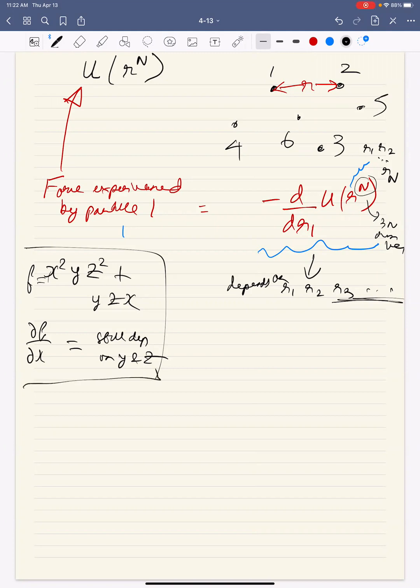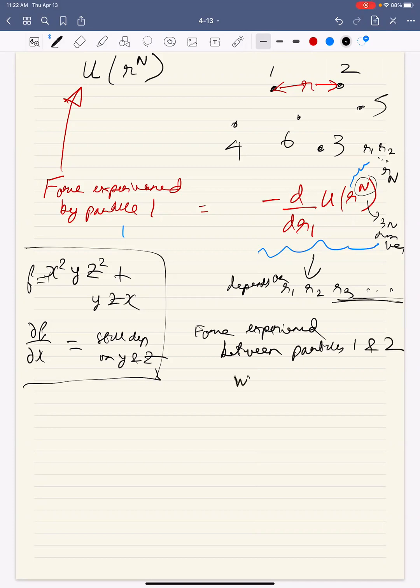Before we go ahead, I want to simplify it even further. I want to talk about force not experienced by particle 1, but the force experienced between particles 1 and 2. If you have a radial system where you have only radial interactions going on, then Newton's third law applies, right? Every force has an equal and opposite reaction. So now we are going to think about force experienced between particles 1 and 2.